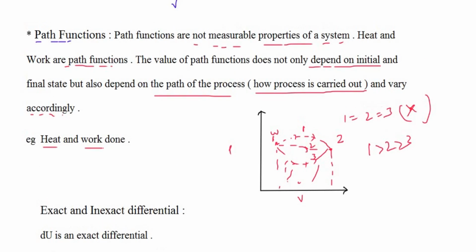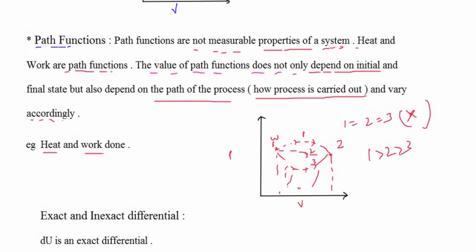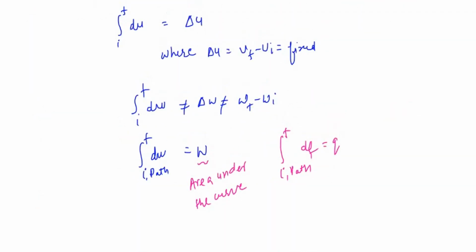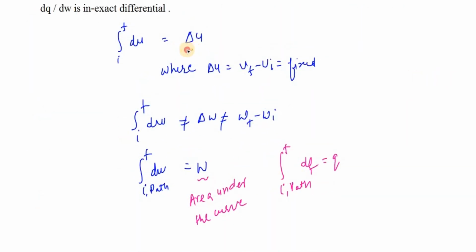Now if you look at the definition again, path functions are not measurable properties of the system, and they do not depend on the initial and final state. That's the difference between integrating a state function and a path function. Whenever we integrate a state function, the value we get equals delta U, which is final minus initial, a fixed value.